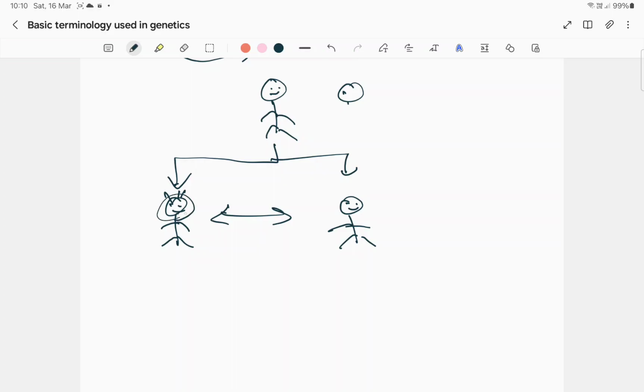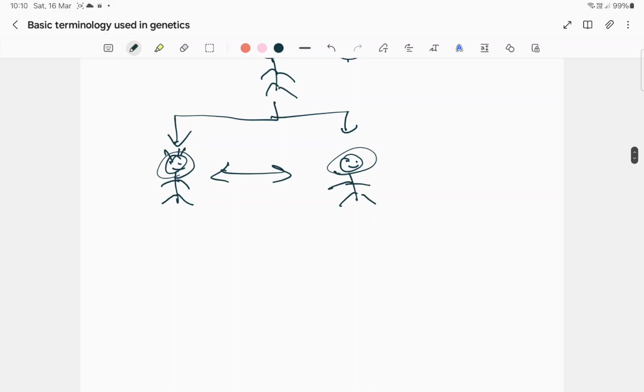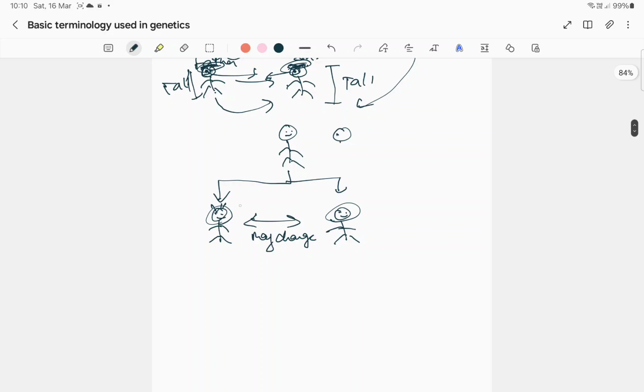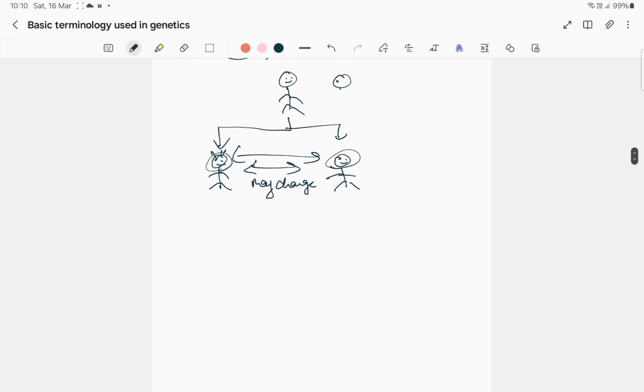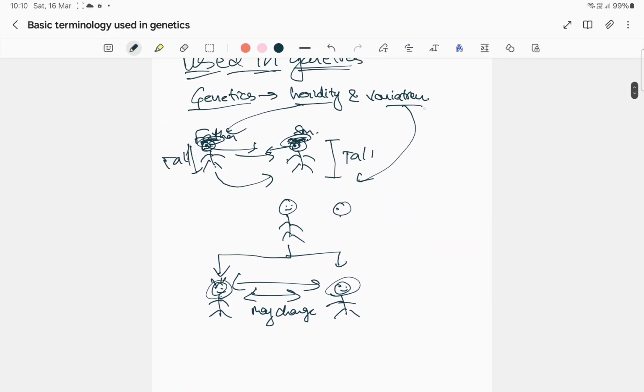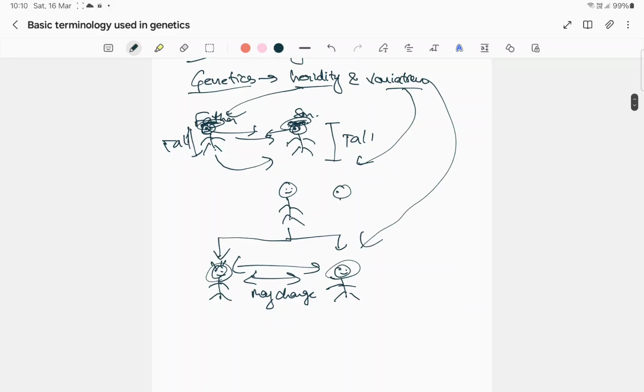Like the facial shape, hair color or anything that may change. This change between the progeny is said to be the variation.